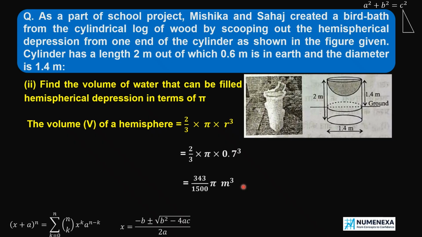On simplification, we will get for the numerator 343 and for the denominator part 1500. So 343 upon 1500 pi meter cube is the volume of water, which is equal to the volume of the hemispherical depression.